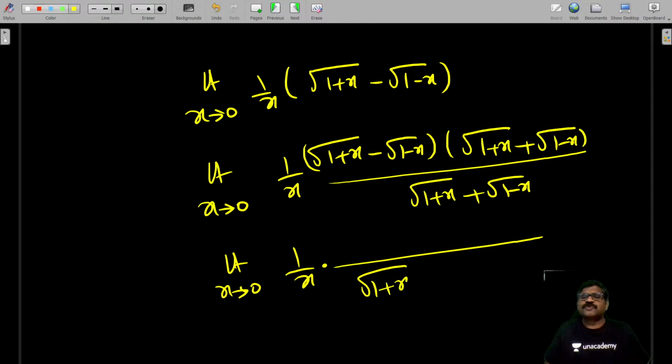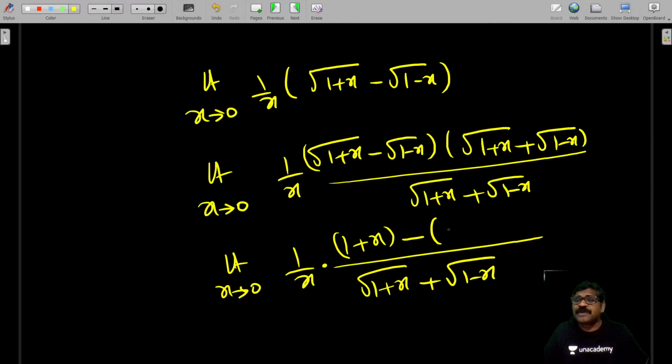Denominator is square root of 1 plus x plus square root of 1 minus x. In the numerator, square root of 1 plus x whole square, 1 plus x, minus square root of 1 minus x whole square, 1 minus x.